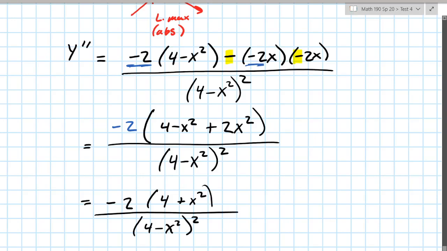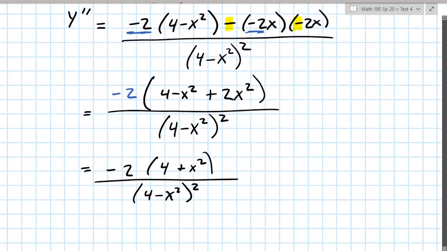Taking a look at this equation here for the second derivative, we'll notice between -2 and 2 for x, 4 plus x squared is a positive number. 4 minus x squared squared is also a positive number, and -2 is a negative number. So what that means is we have a negative times a positive divided by a positive.